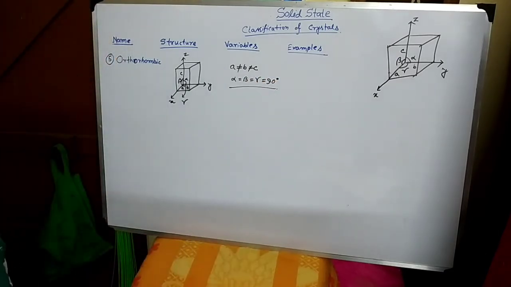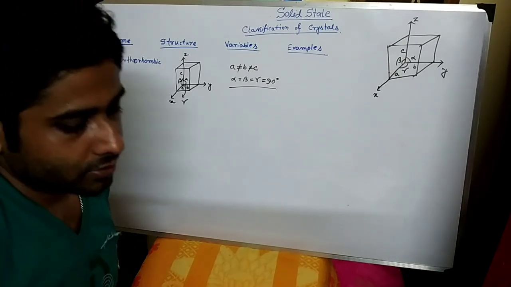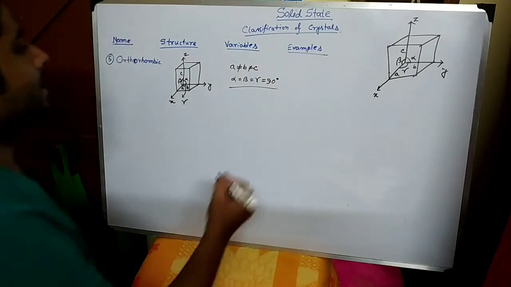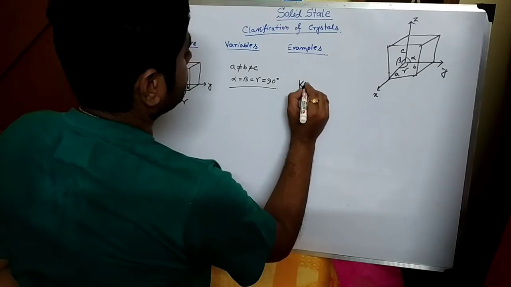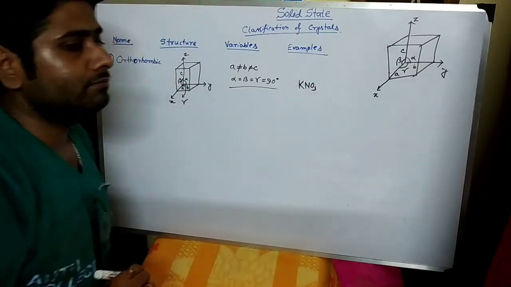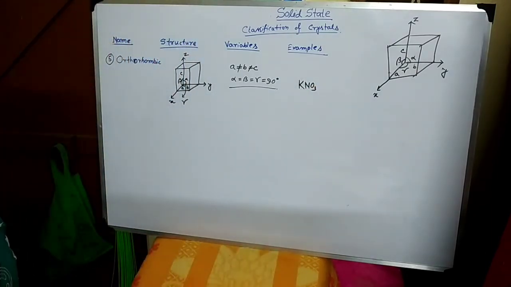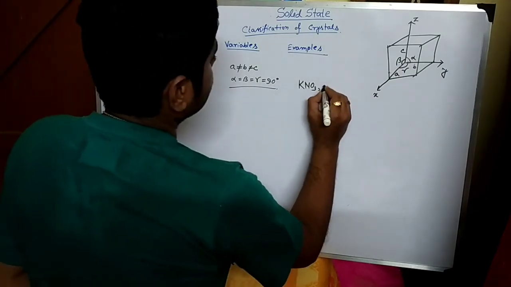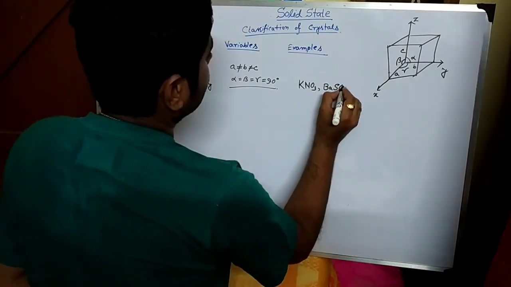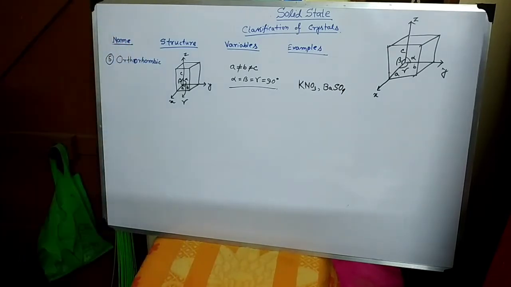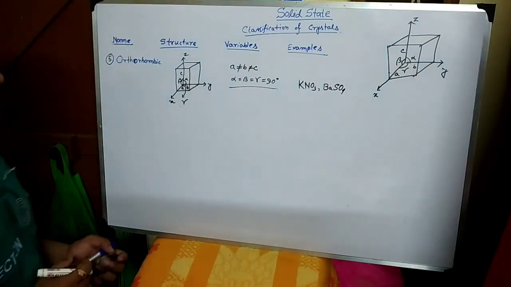So this is the restriction for the orthorhombic structure. What will be the example for this? Potassium nitrate crystals, barium sulfate crystals. They are the respective examples of this category.